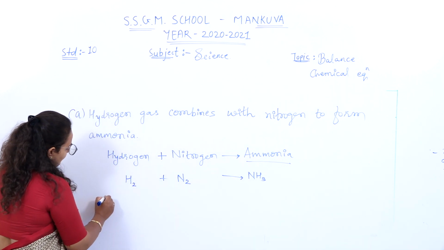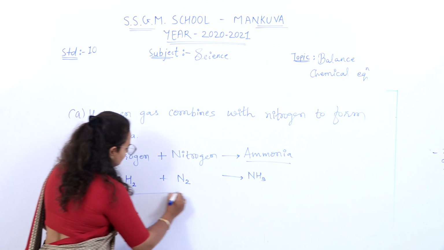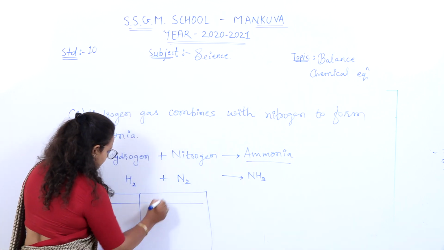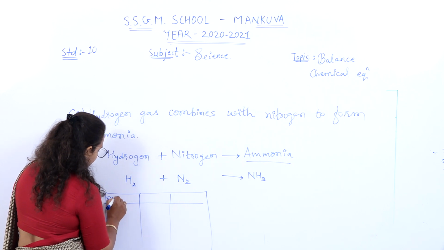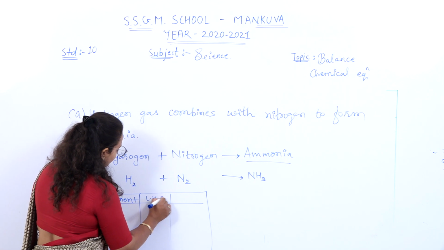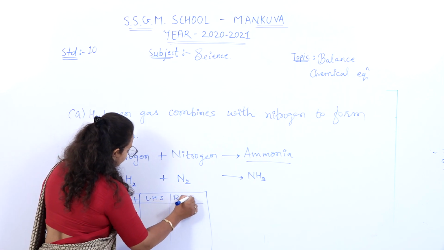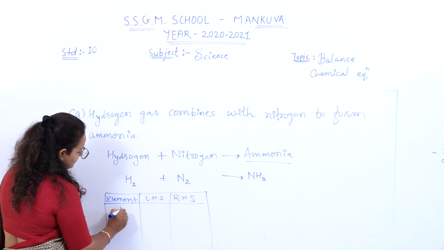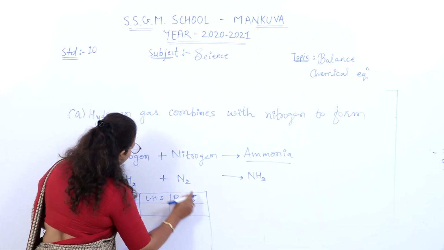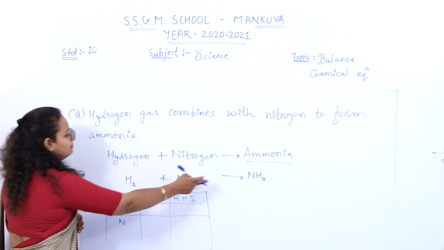So, third step, make a table. Element, left hand side and right hand side. Elements: hydrogen and nitrogen. How many hydrogen are present on the left hand side, before the arrow?